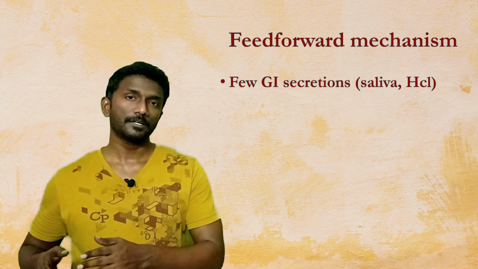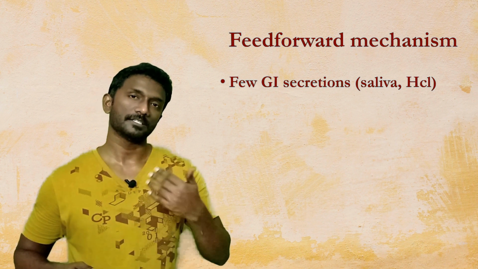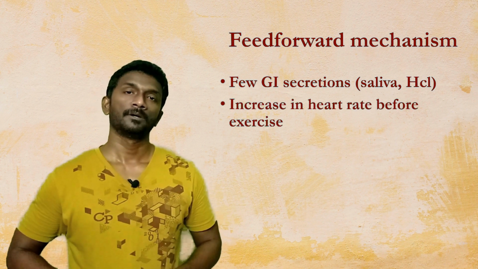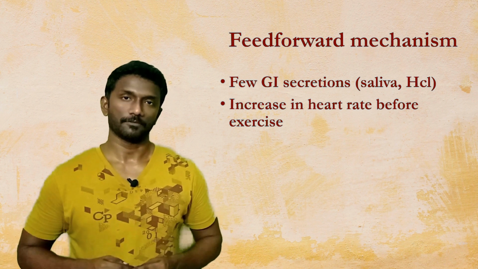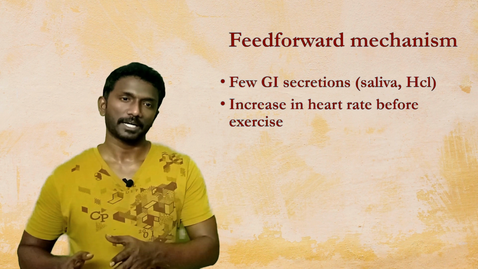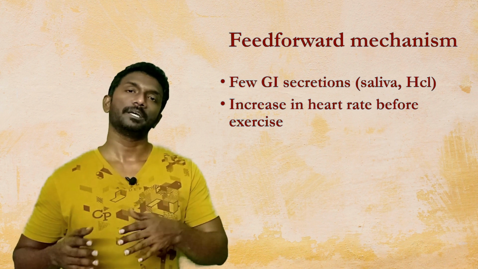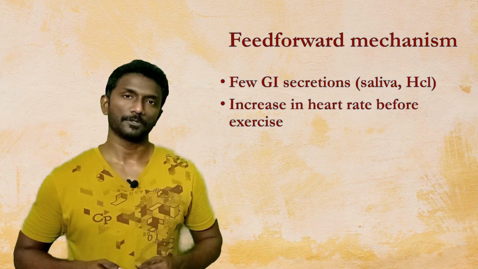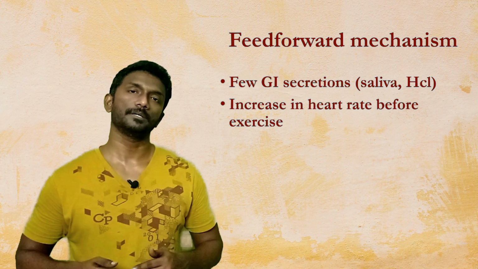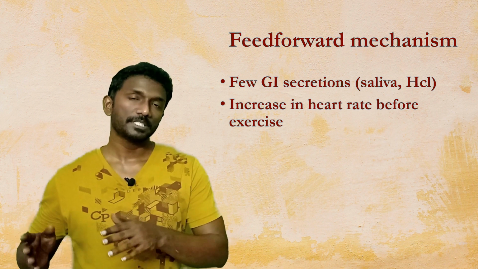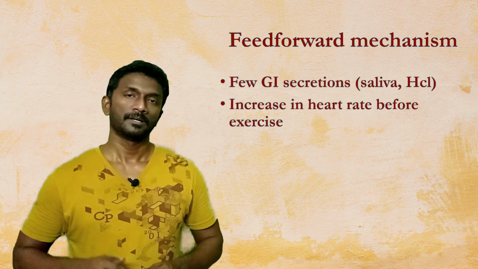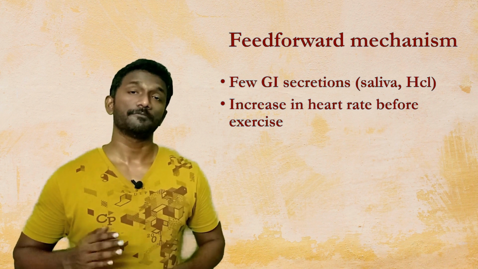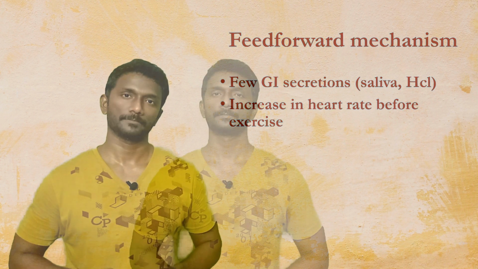Even before we start to exercise, the heart rate and respiratory rate will increase to prepare our body for this excess demand of oxygen. So these mechanisms in which the body anticipates the change that is going to happen and prepares the body, thereby reducing the lag that is present in the other feedback mechanisms, are called feed-forward mechanisms.